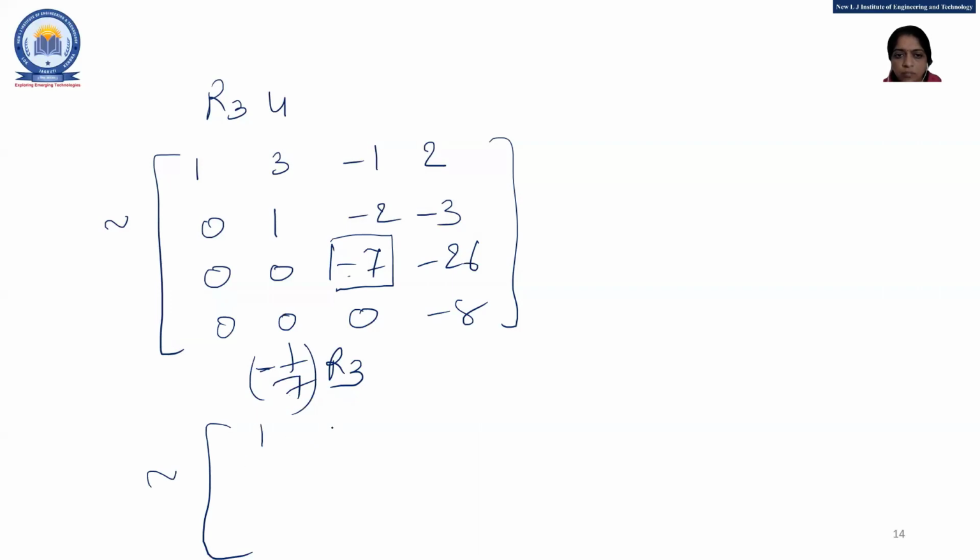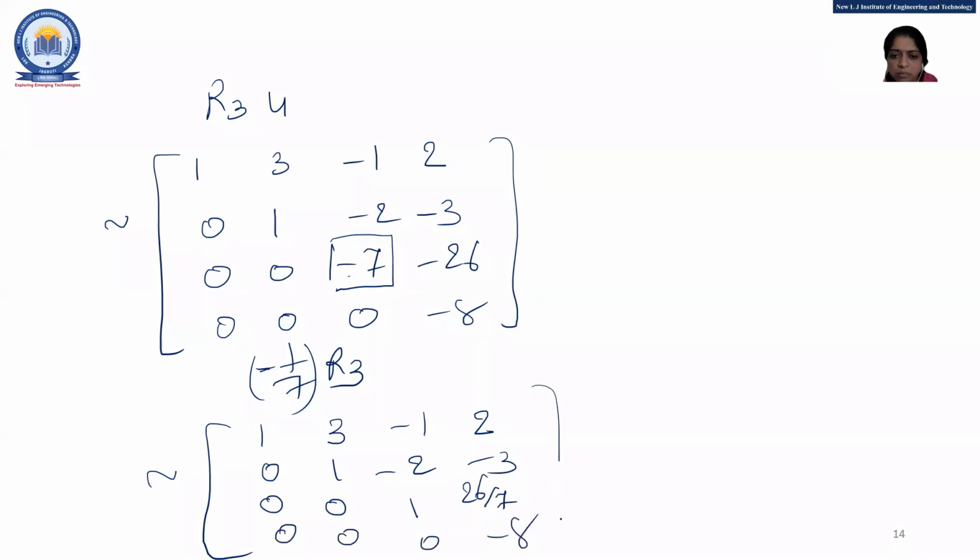That is 1, 3, -1, 2, 0, 1, -2, -3. By dividing by -7, in the third row, 0, 0, -7 by -7, that is 1. And this one is minus minus plus, so 26 by 7. And the fourth row, 0, 0, 0, -8, keep it the same, right?